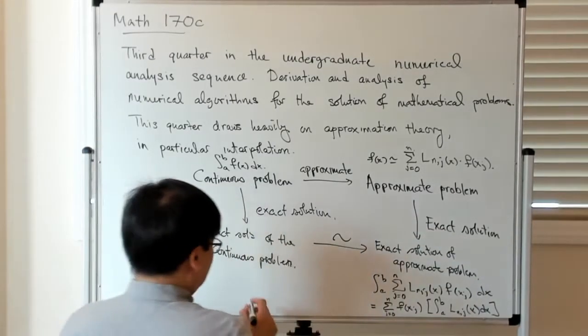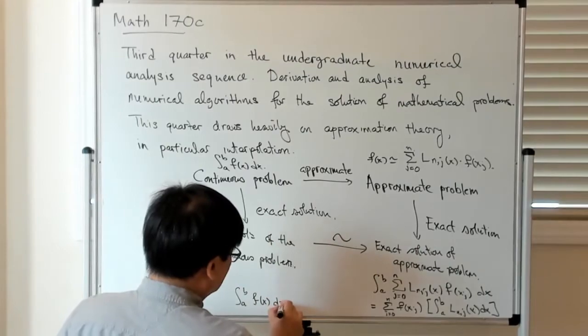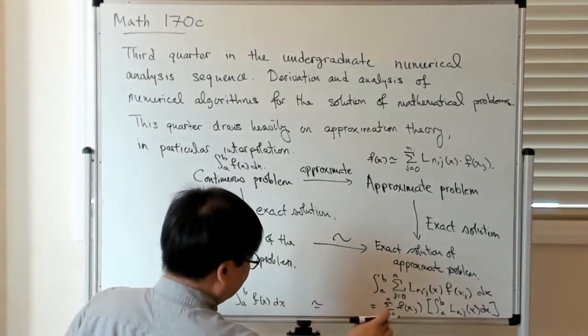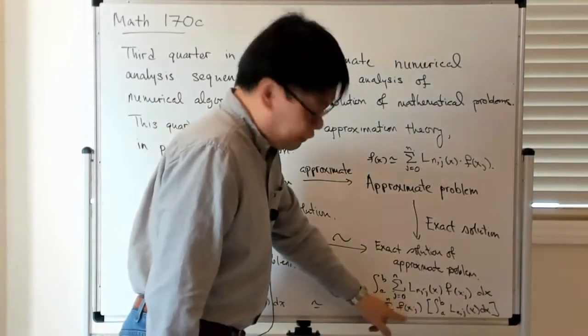So you can ask to what extent the integral from a to b of f(x) dx is approximated by this kind of weighted linear combination of the function values at a bunch of points.